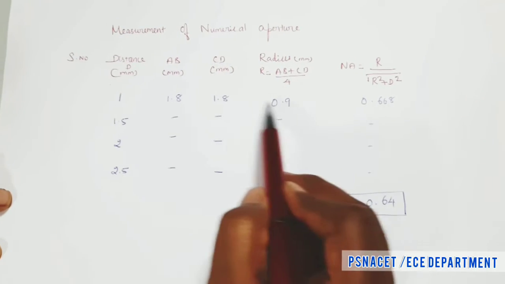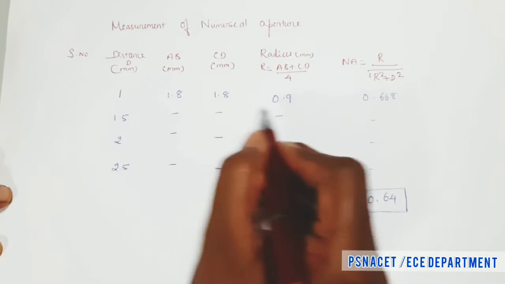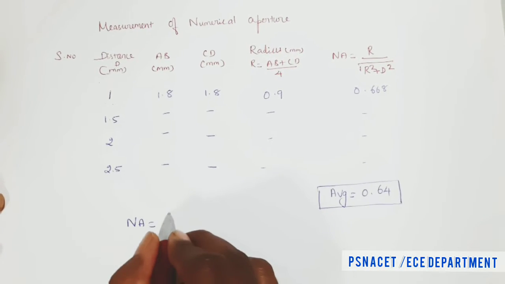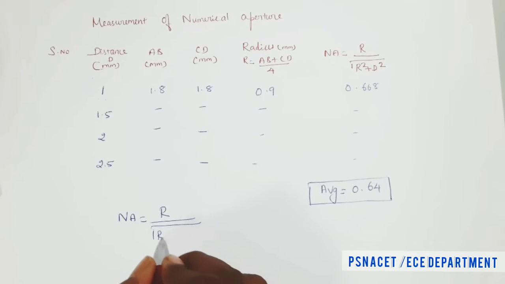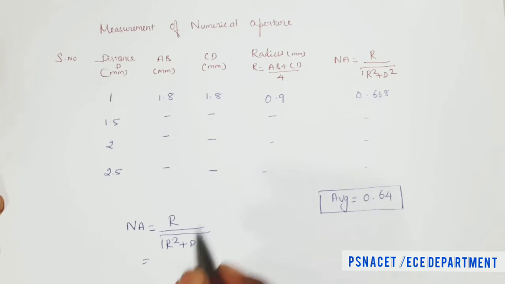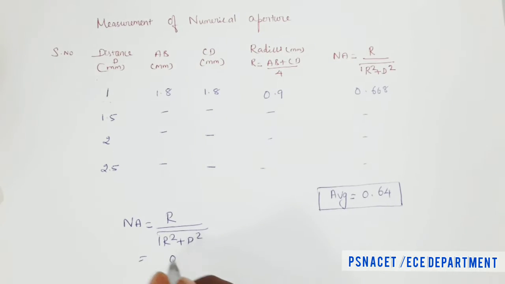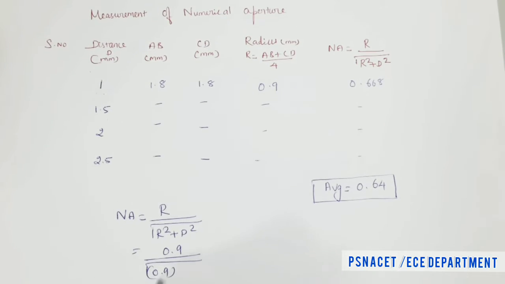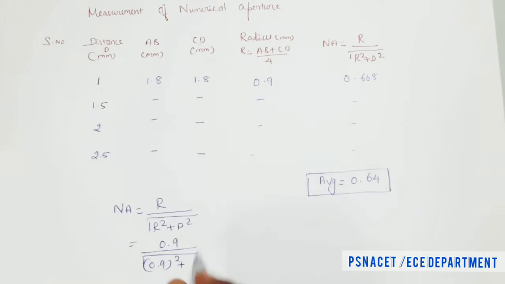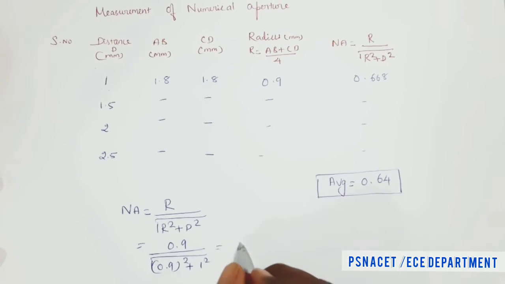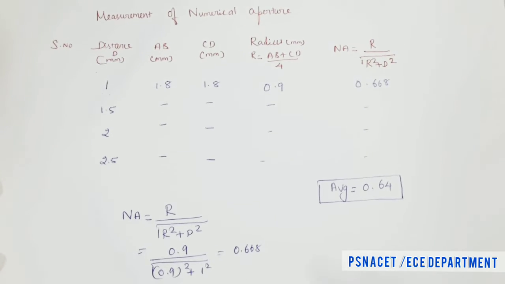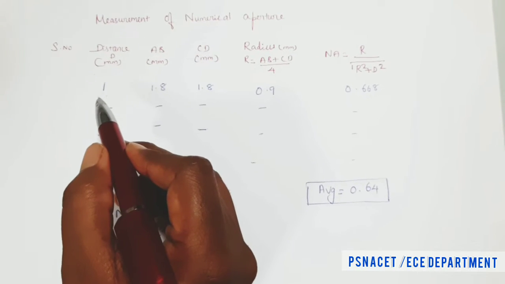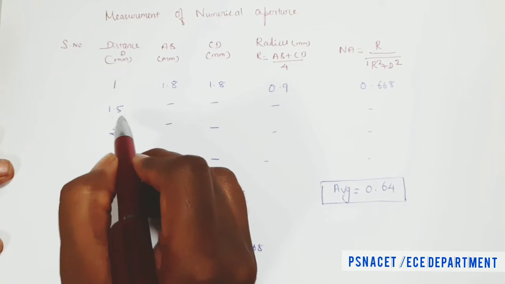Simply substituting D and R in the formula, numerical aperture is equal to R divided by root of R square plus D square. The radius we have obtained is 0.9, so 0.9 divided by root of 0.9 whole square plus 1 square, which will be equal to 0.668.